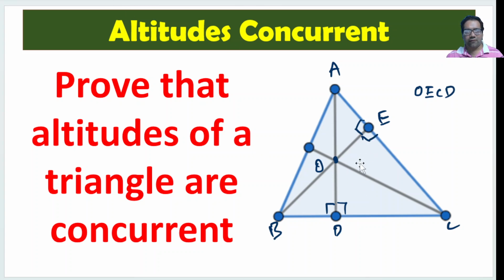What does it say? If the sum of opposite angles is 180 degrees, then automatically we can draw a circle through all the 4 points. So now this angle and this angle sum to 180 degrees because both are right angles. Then the remaining this and this is also equal to 180 degrees because in a quadrilateral the total is 360 degrees.